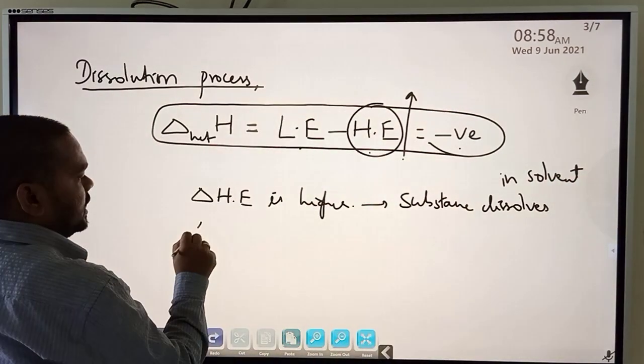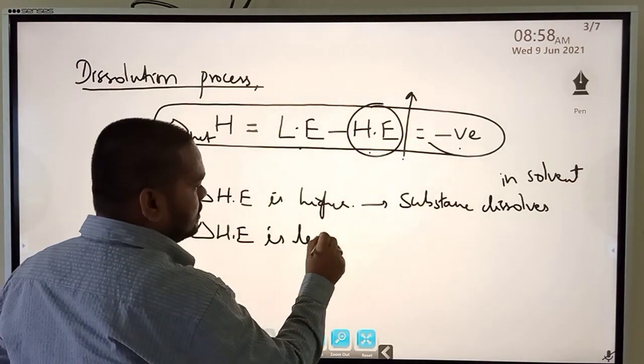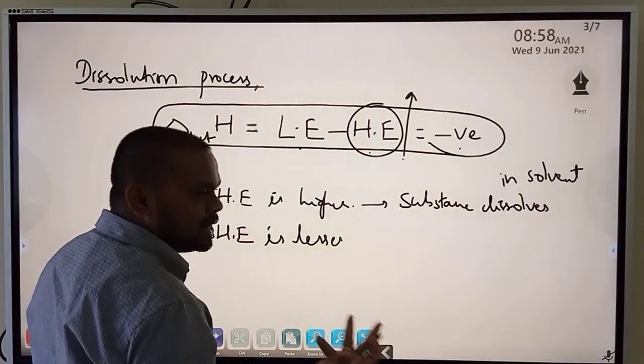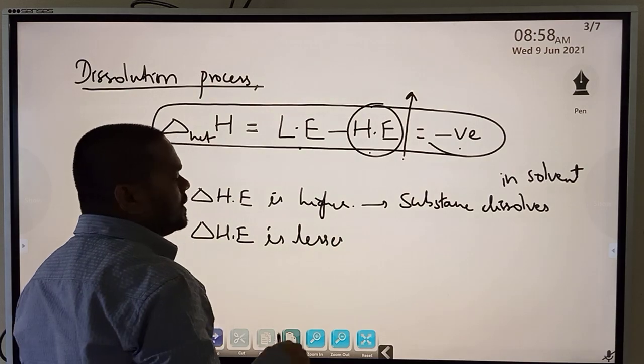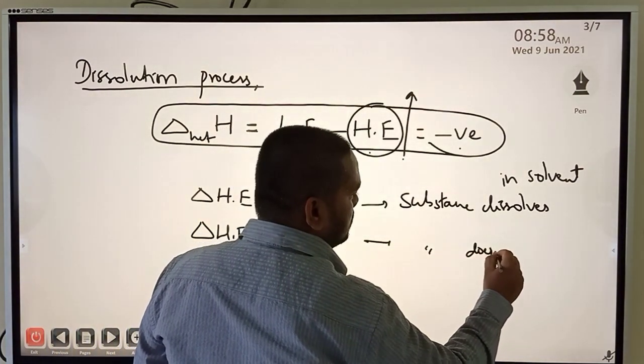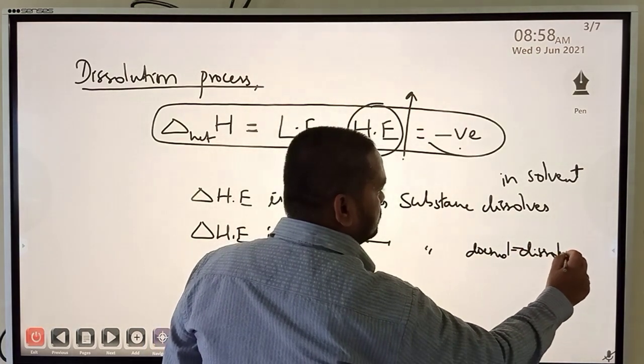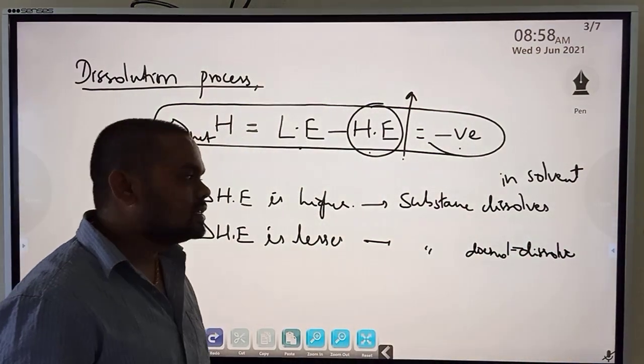Suppose delta H is lesser. Higher or lesser with respect to what? With respect to lattice energy. Lesser, then the substance does not dissolve in the solvent. Okay, so this is the conclusion.